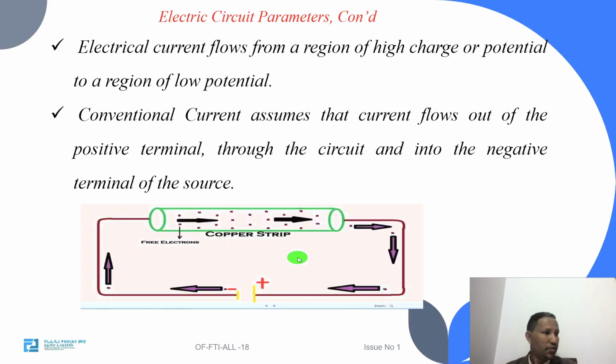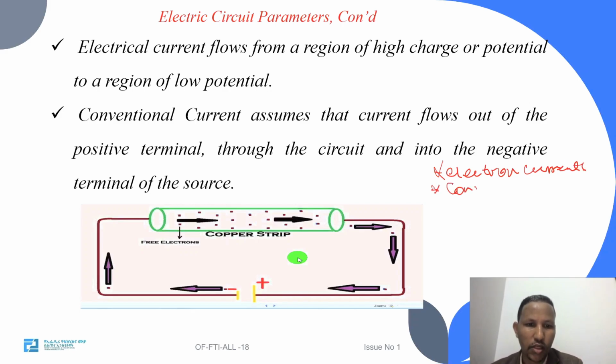Basically, we have two types of currents: the electron current and the conventional current.